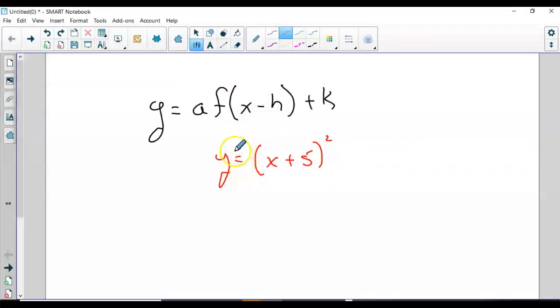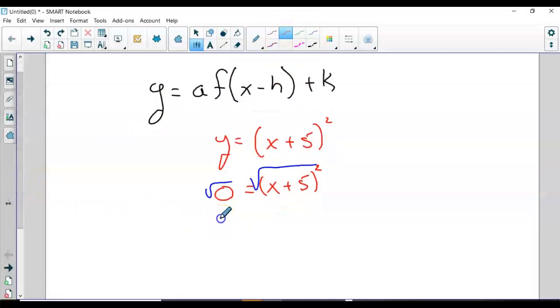Okay. I need to know where the x-intercept is going to be for this. So at the x-intercept, that means y is equal to 0, right? Now I got to get rid of this square, so I'm going to take the square root. Let's do that in a different color. Take the square root of 0. So if I take the square root of 0, I get 0.